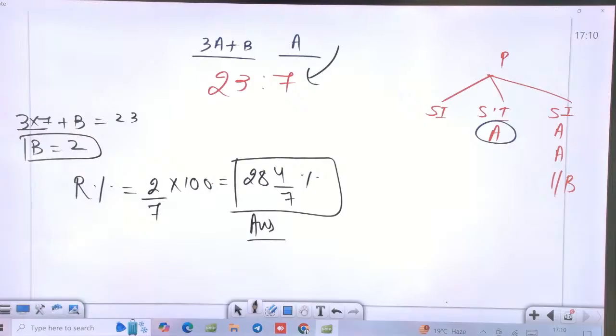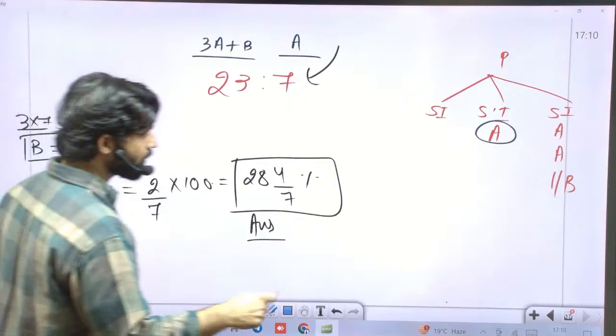Done? Shall we move to the next one? Write the question, please. The difference between CI and SI is 1400 rupees for 3 years.